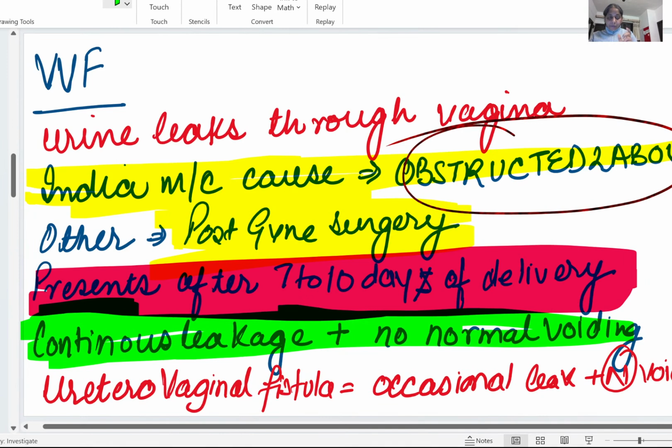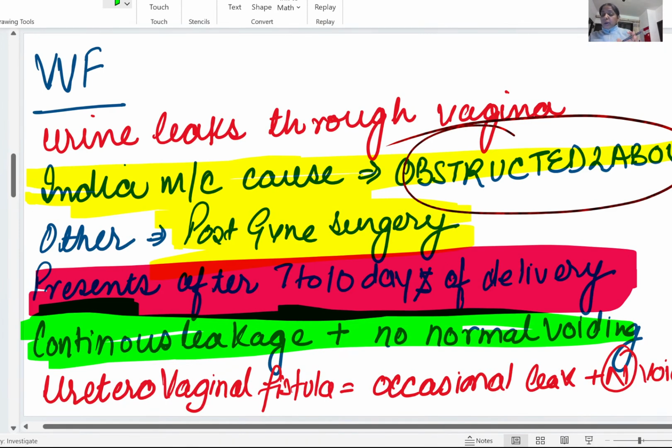So this is very important. What history will the patient give? There will be continuous leaking and no normal voiding.